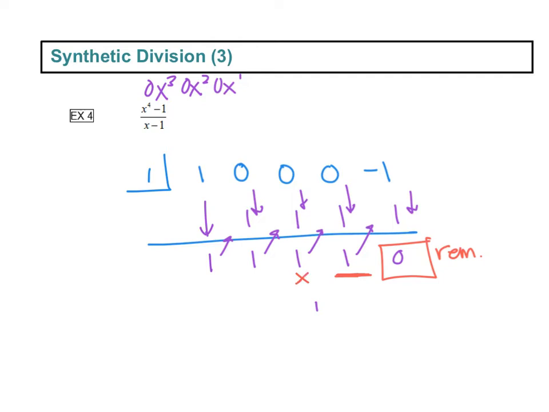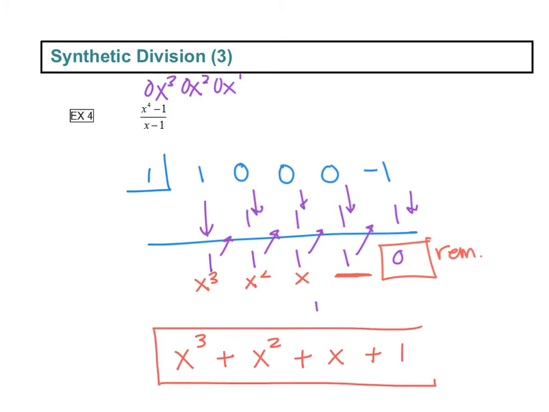This is our x to the first, x squared, and x cubed. So our final answer is 1x cubed plus, because it's positive 1x squared, plus a positive x, and then plus 1 on the end. And here we have our answer.